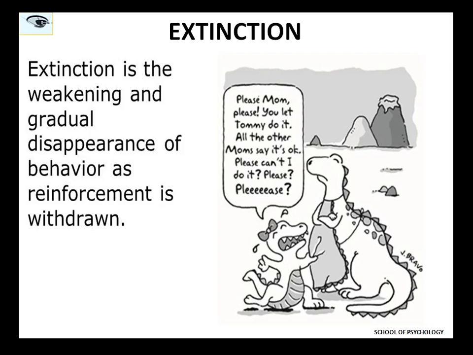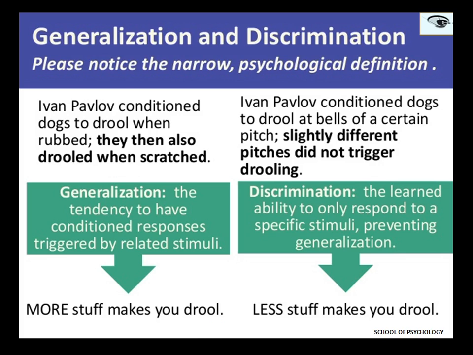Then, of course, coming to the next slide, we have something called generalization, and we have discrimination. Generalization is, if we just take an example, let's say you were trying to condition the dog to the sound of the bell, and you gave the dog n number of trials.